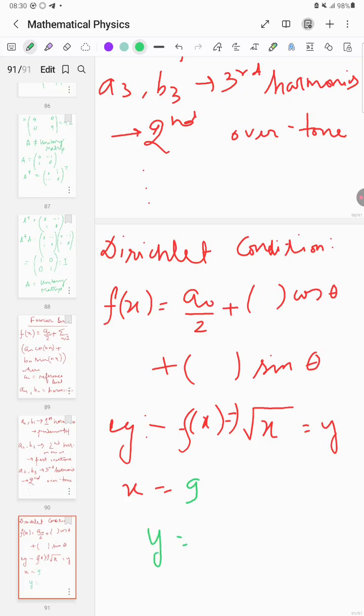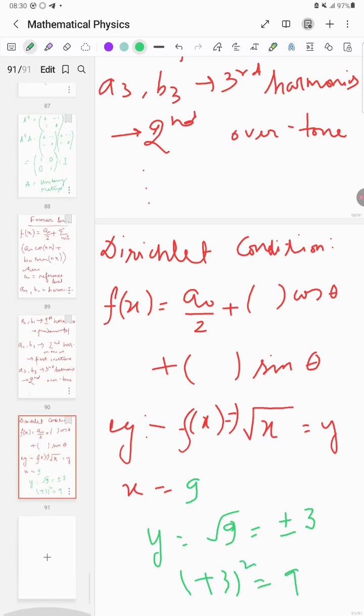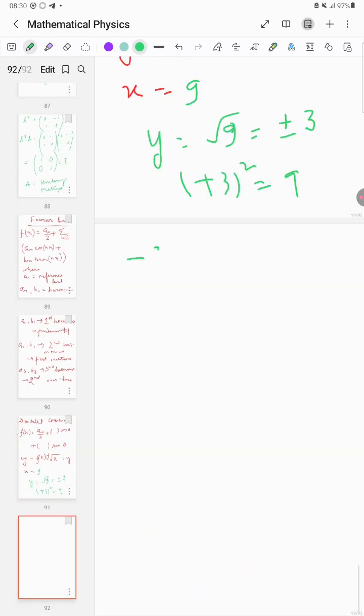Y will be root 9, which can be plus 3 and minus 3 at the same time, because plus 3 squared gives us 9, and also minus 3 squared also gives us 9. So this is what I was trying to explain.